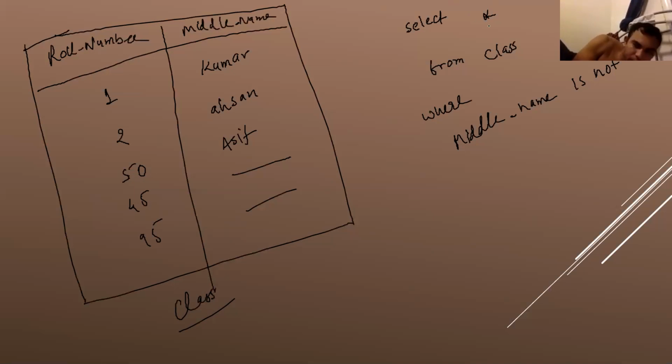This star means select everything, all the columns. Right now we just have two columns in this particular table, roll number and middle name.